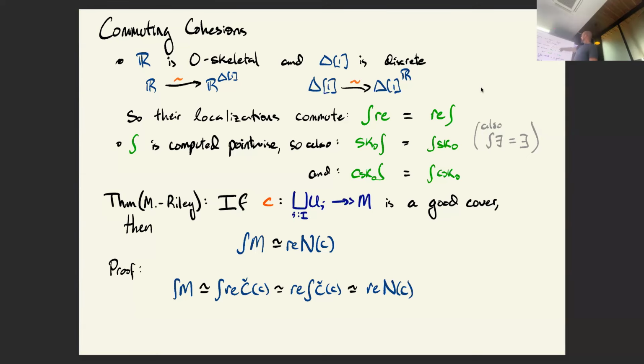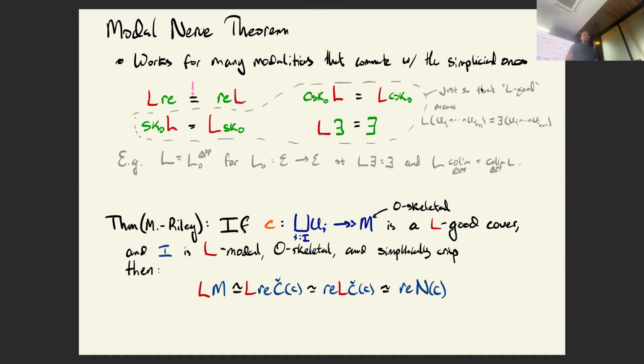Then we use the orthogonality of the two cohesions, we can slide the realization past the shape, and we find that we have the realization of the shape of the Čech nerve. But as we noted, a cover is good if and only if the shape of its Čech nerve is its Alexandrov nerve. So we're there. That's the nerve theorem.